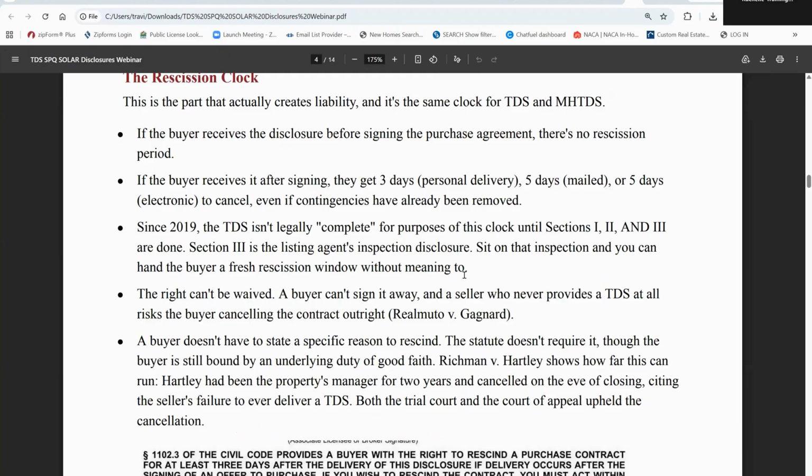Since 2019, the TDS isn't legally complete for purposes of this clock until sections 1, 2, and 3 are done, meaning completed, all the boxes checked, everything filled in, plus signed. Section 3 is the listing agent's inspection disclosure. If you're sitting on that inspection, you can hand the buyer a fresh rescission window without even meaning to.